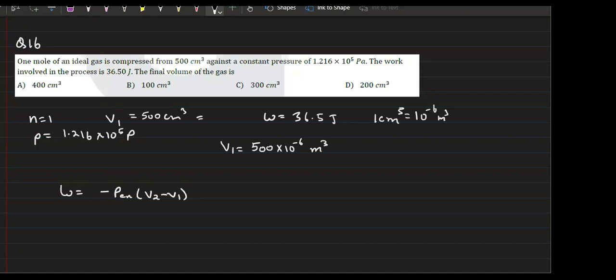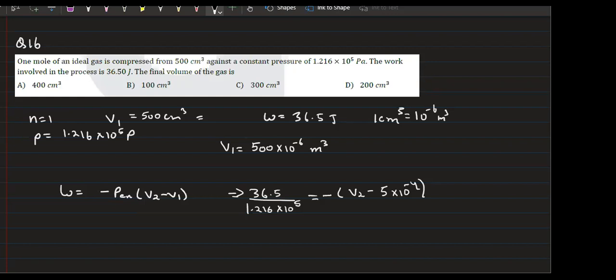So 36.5 divided by P, which is 1.216 into 10 to the power 5, is equal to minus V2 minus V1. So V2 minus V1 is 5 into 10 to the power minus 4. Yes or no? Now you will just have to calculate this.